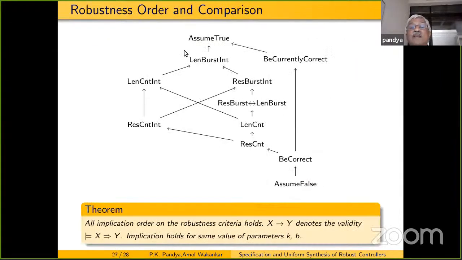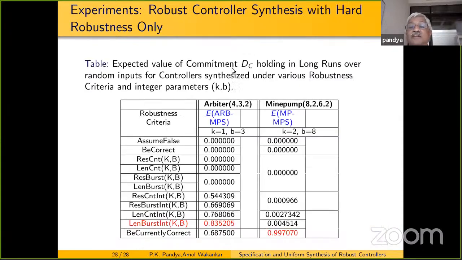But if you use our robustness criteria, like the currently correct criterion, which says that no matter what happened in past cycles, if in the current cycle the assumption is true, then I should satisfy the commitment, and then there is the one by Bloem, and the one that of Ehlers and Topcu. There are these criteria, and I have ordered them in increasing strength.